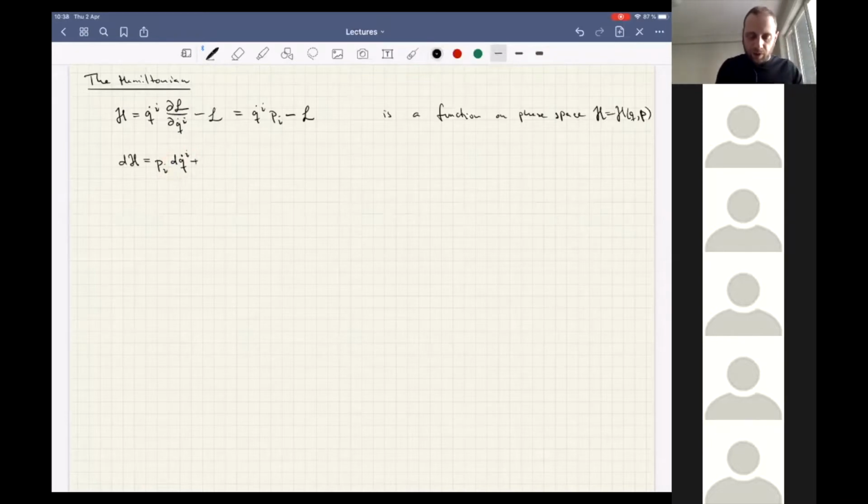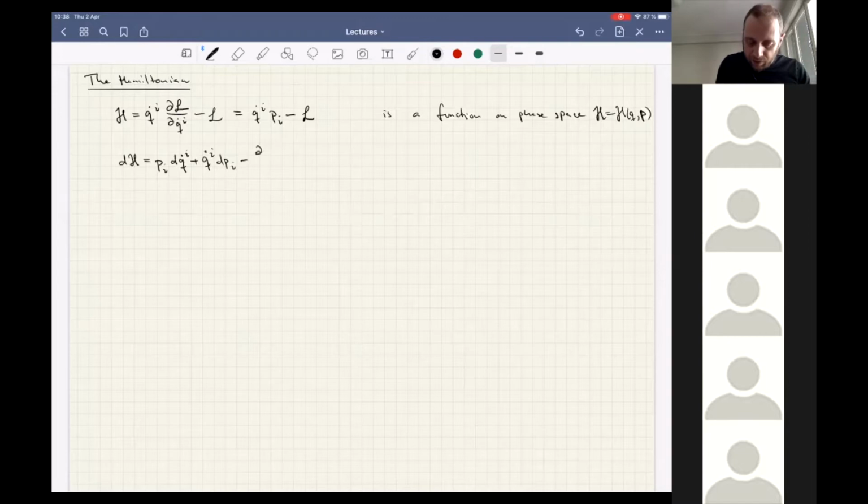And from the first term, I also get this second term, q dot i dp_i. And then I have to differentiate the Lagrangian here, which is now still seen as a function of q dot, but we can insert the definition of q dot in terms of p and possibly time.